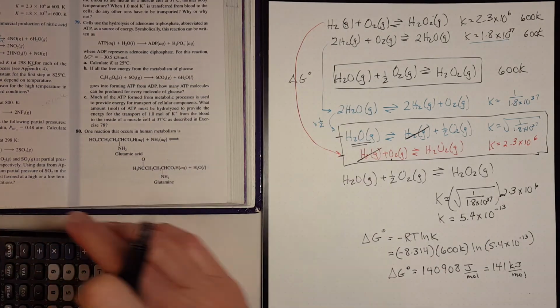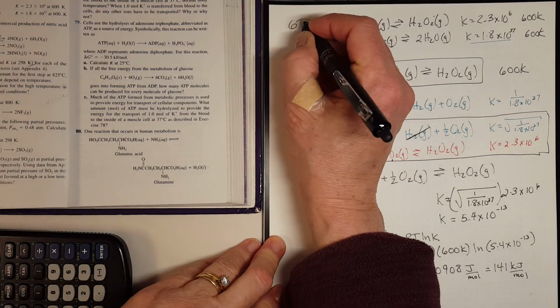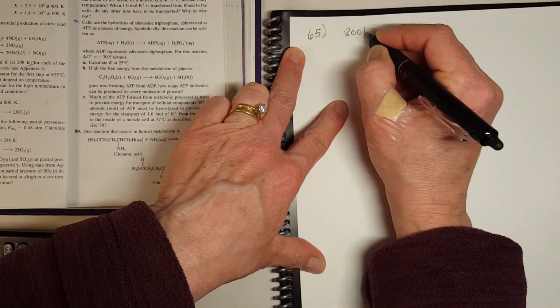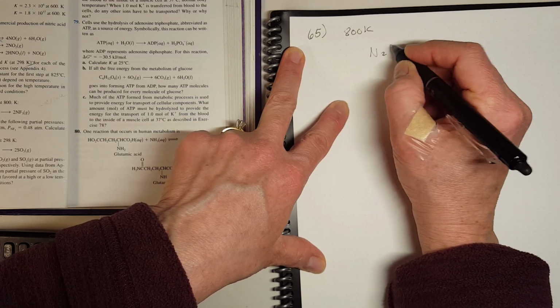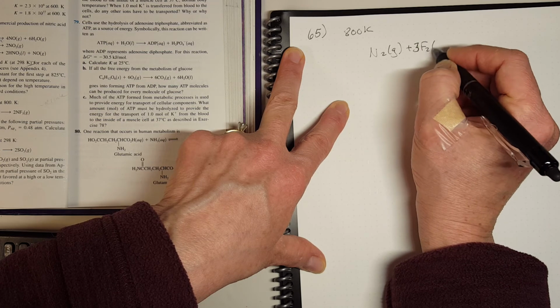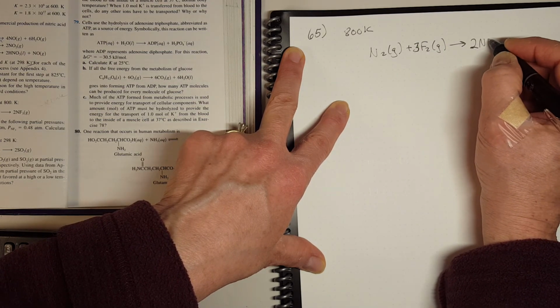Okay, and then the last one, we have consider the following reaction at 800 Kelvin. So this one here was 63. I'll just label them. And 65. Consider the following reaction at 800 Kelvin. And we have N2 gas plus 3 F2 gas makes 2 NF3 gas.